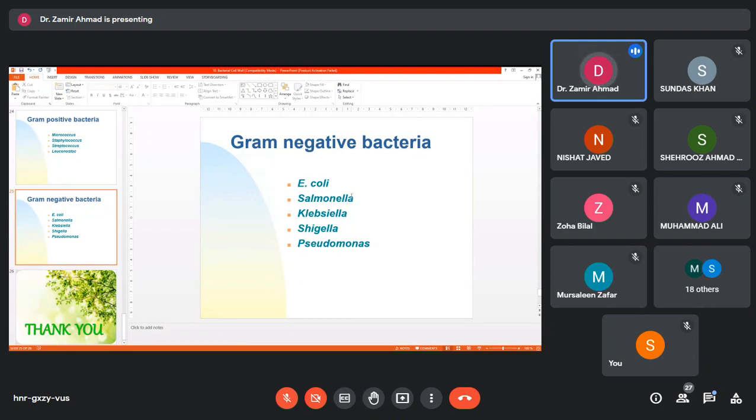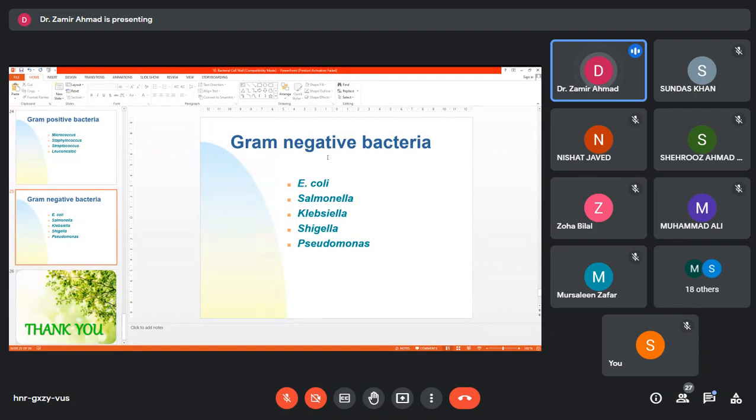Shigella, Salmonella, Klebsiella and E. coli all can cause infection in the gastrointestinal tract. So mostly the infection in the gastrointestinal tract or the urinary tract is caused by gram-negative bacteria, while in case of skin and the respiratory system, mostly gram-positive bacteria can cause infection.